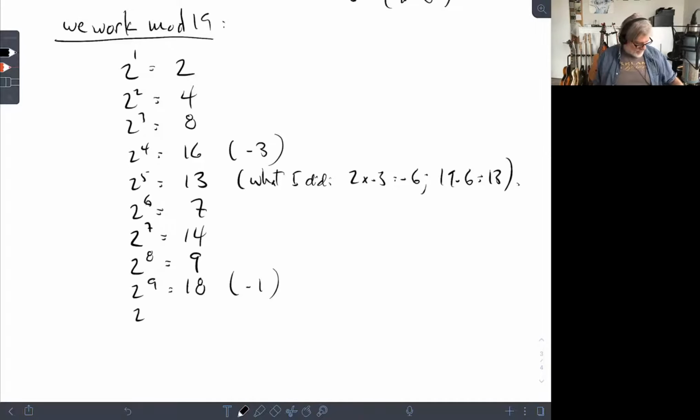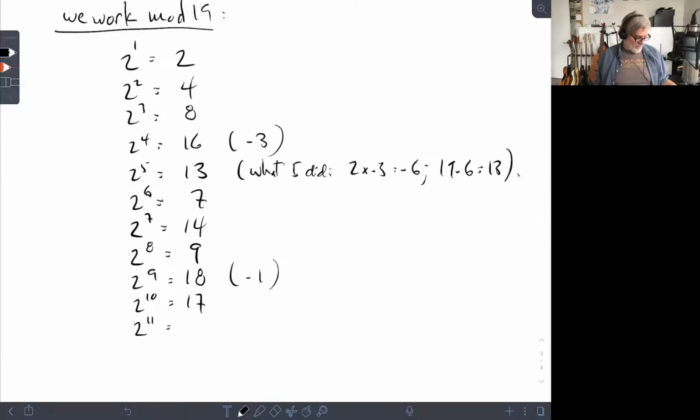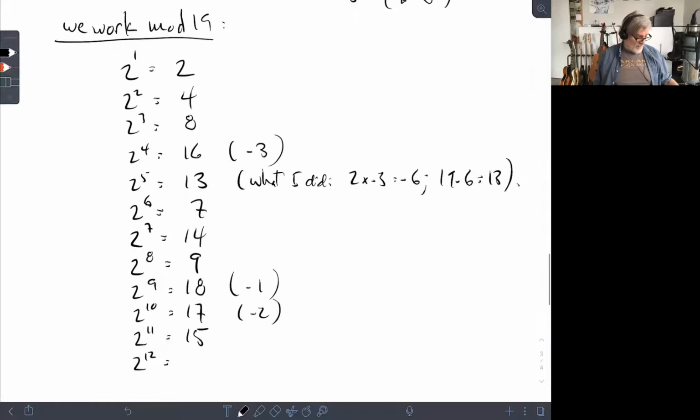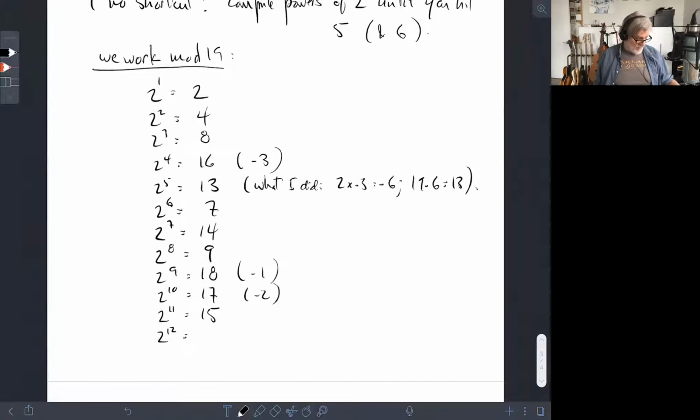But anyway, 2 power 10 is minus 2, so that's 17. 2 power 11 will be 2 times minus 2, which is minus 4. 19 minus 4 is 15. 2 power 12. That's 30. 30 mod 19 is 11.